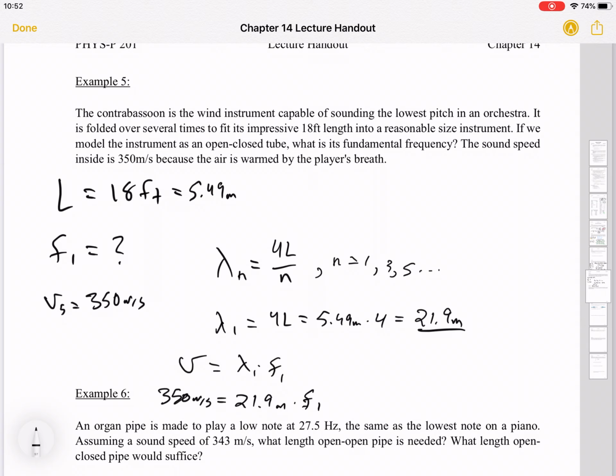And if you do that math, what you get for F1 is 16 hertz, which is really low, right? You may not even hear that well. You would actually just feel it. So that's interesting. Another application for these is pipe organs, and we'll see that in a future example.